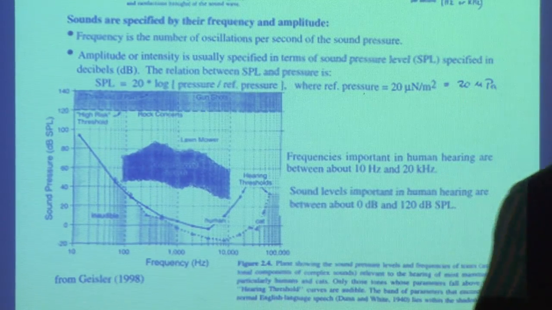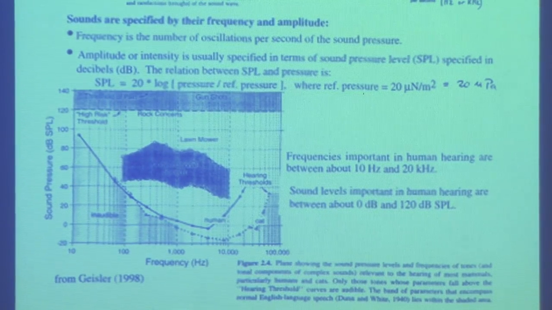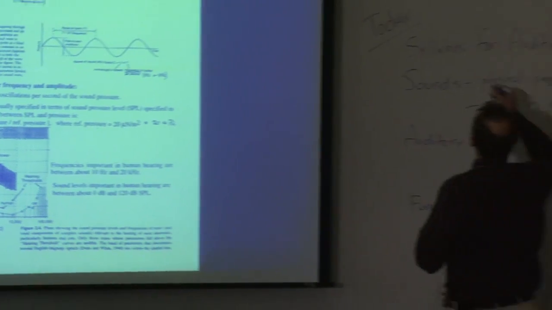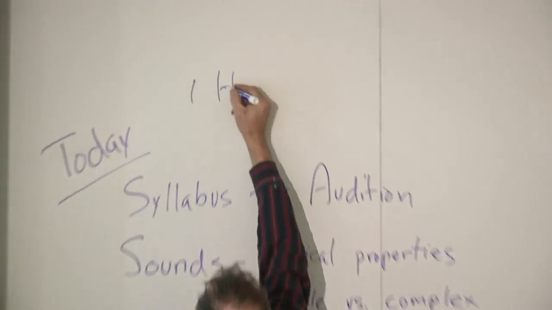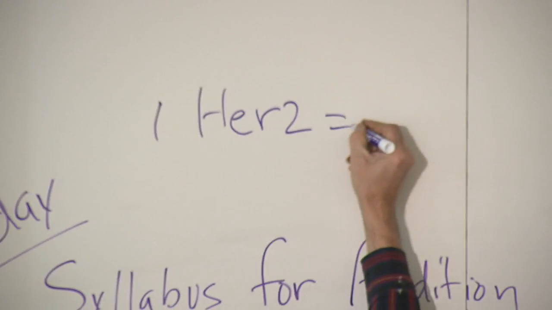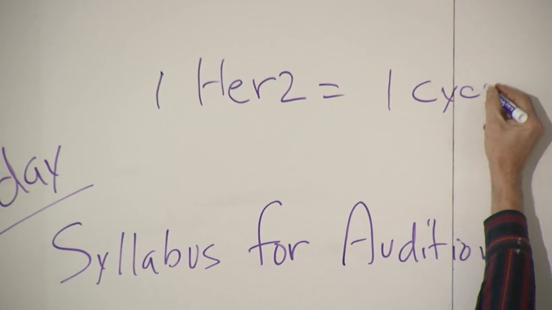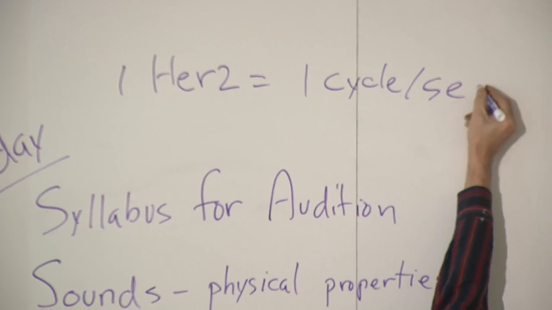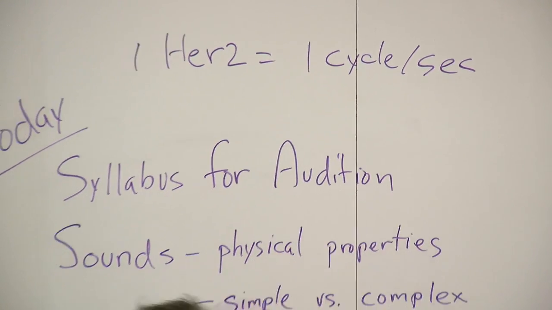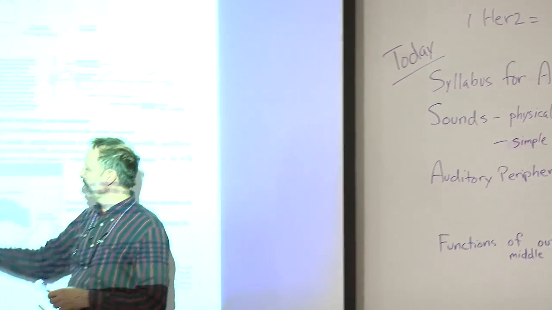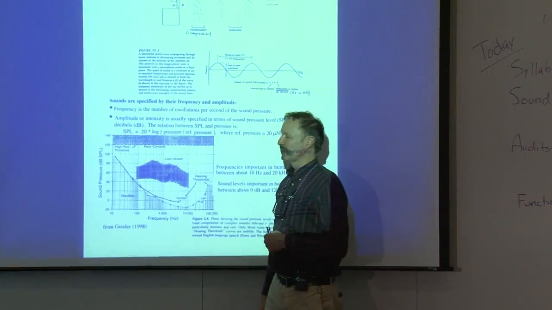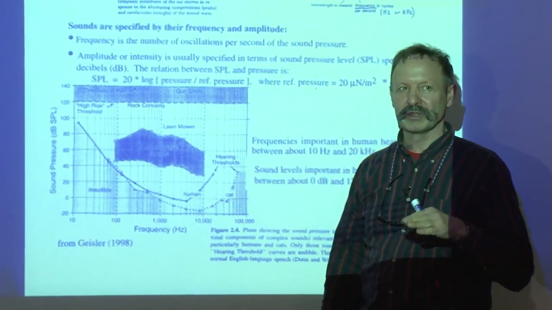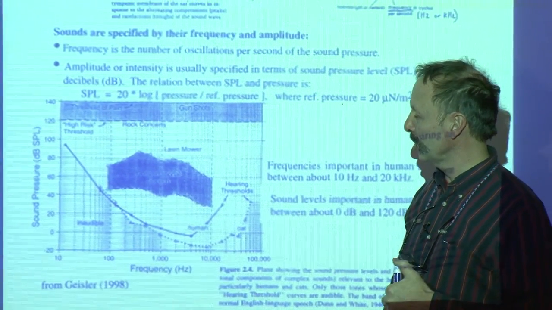Hertz means cycles per second. So 1 hertz is 1 cycle per second. And that is a frequency that's so low it didn't get on this graph, because humans aren't sensitive to frequencies that slow or that low.